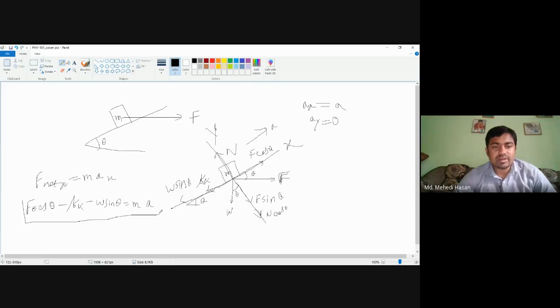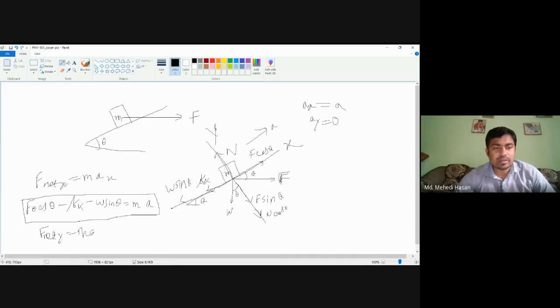If after calculating this equation the acceleration is negative, then the direction of the acceleration is reversed, but the magnitude is the same. Okay, this is the x equation.